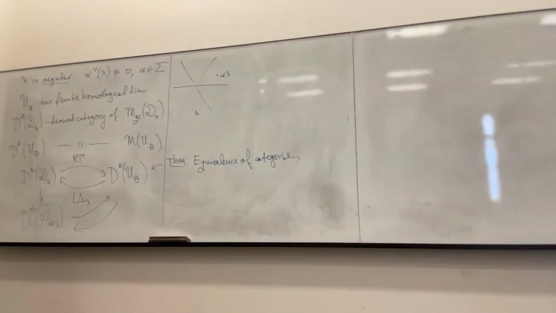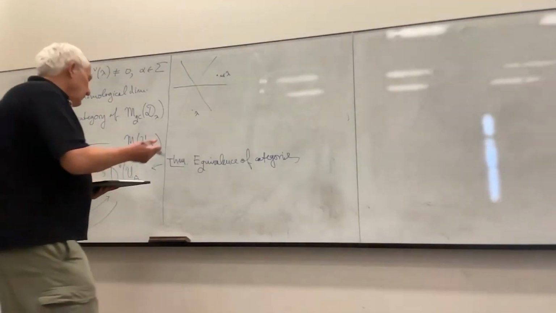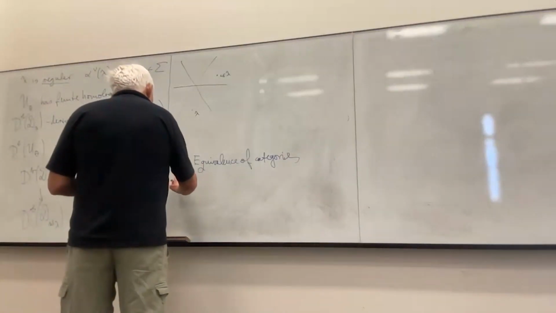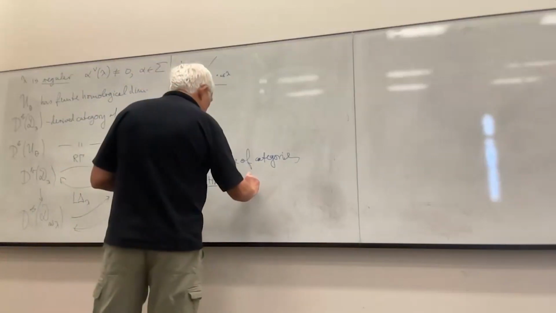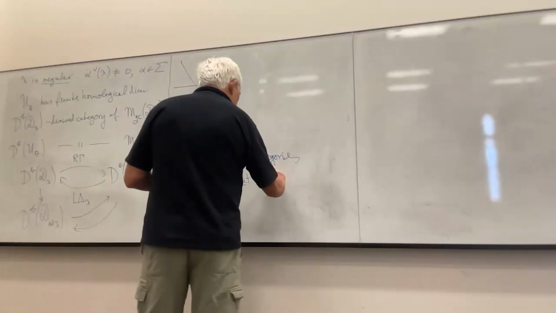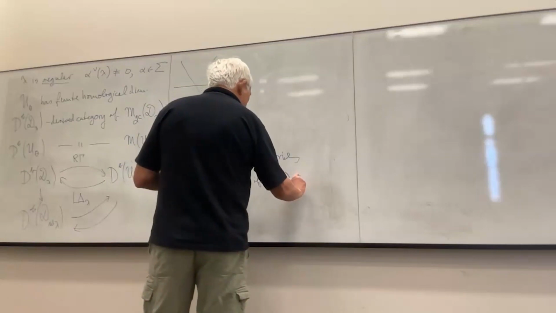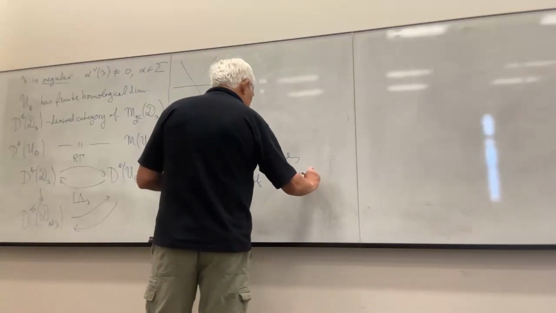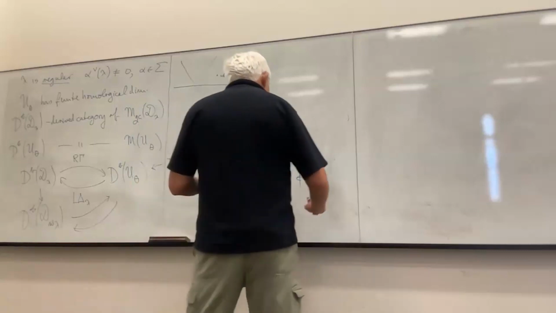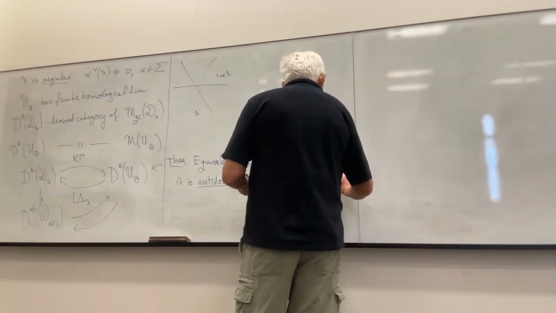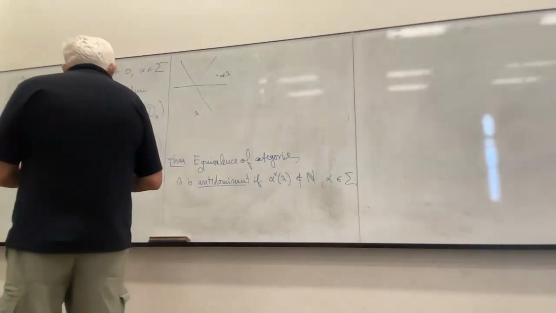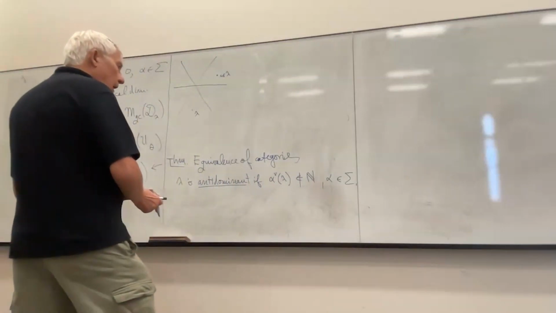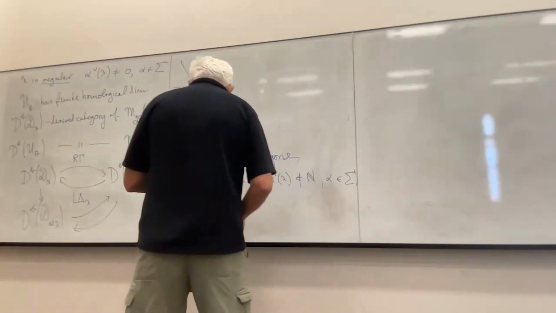So now we had this definition as in the class: lambda is anti-dominant if alpha check lambda is not a positive integer for alpha check in Sigma, alpha in Sigma. And then Sigma plus maybe? Sigma plus, yes. Thank you.